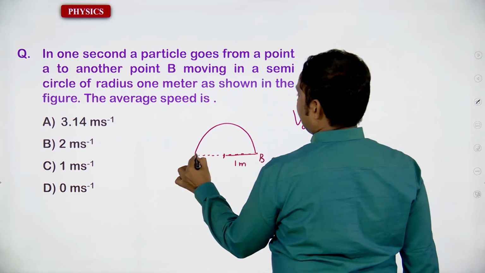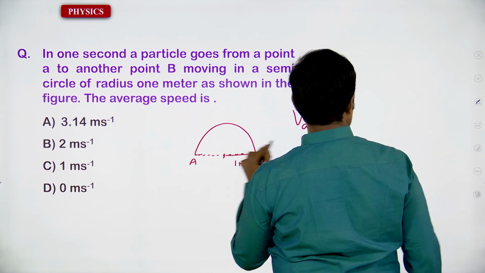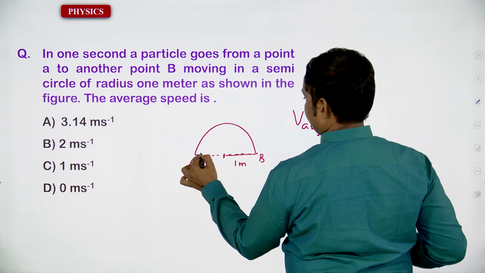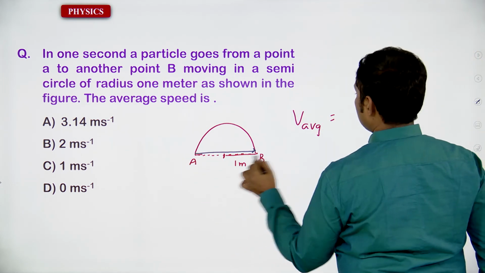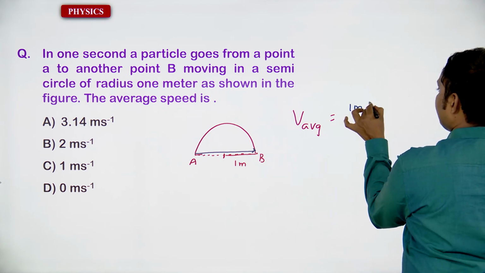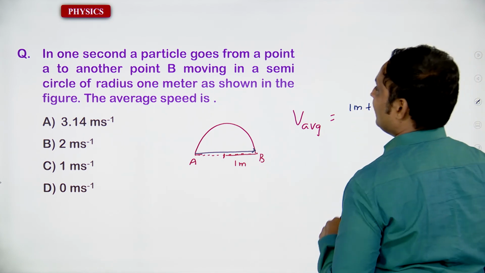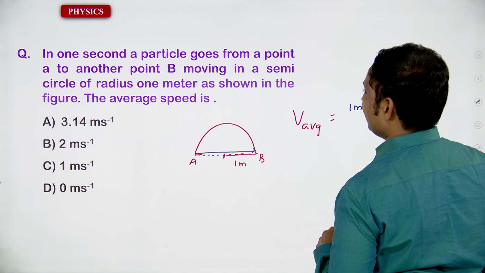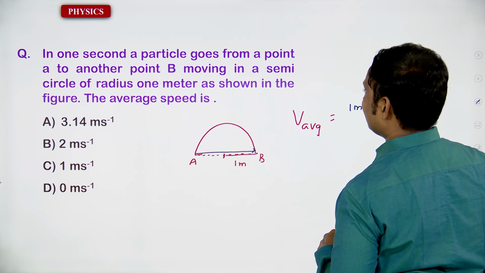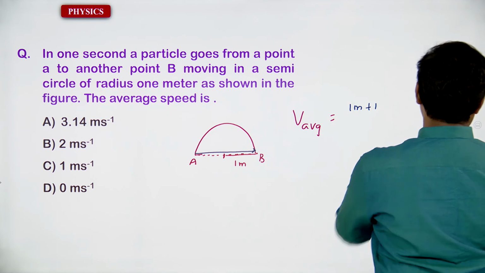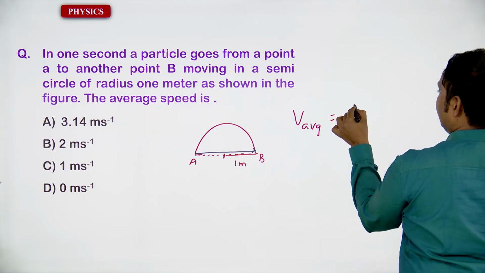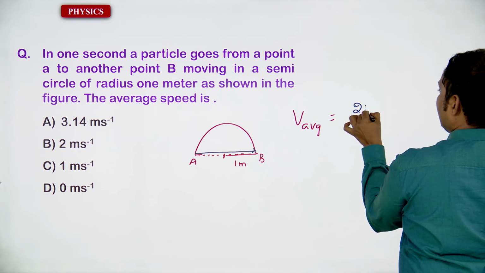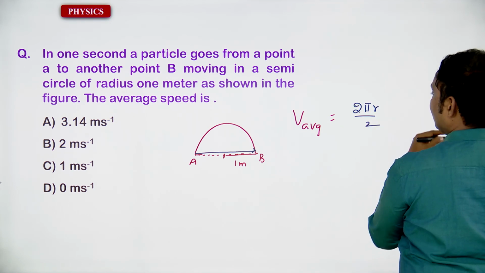what is the displacement? Just you have to take that now. The total displacement is going to be 1 meter plus 1 meter, radius of 1 meter, moving in a semicircular path. Just average speed. It's very clear. It's going to be 2 pi r by 2.